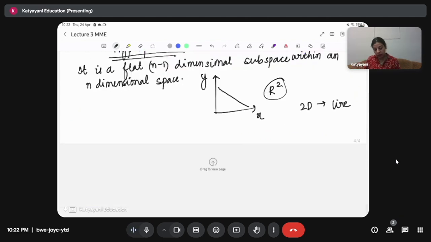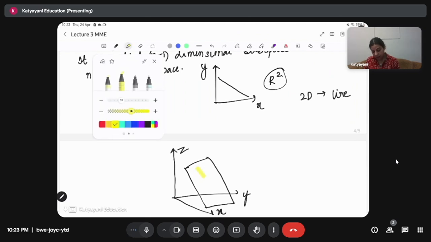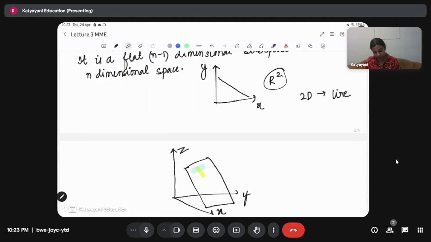If we are talking about a three-dimensional space, where there is an x axis, a y axis, a z axis, in that case the hyperplane would be a plane. Suppose this is a plane. It has two dimensions: a length and a breadth.